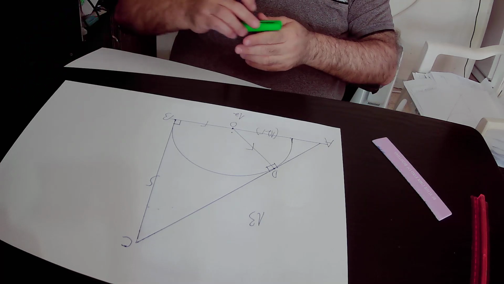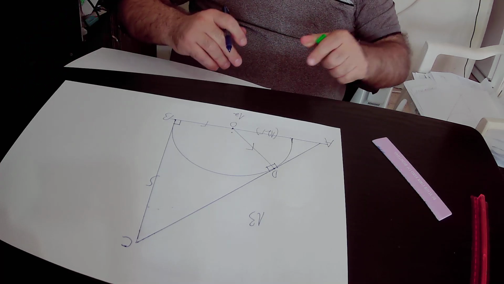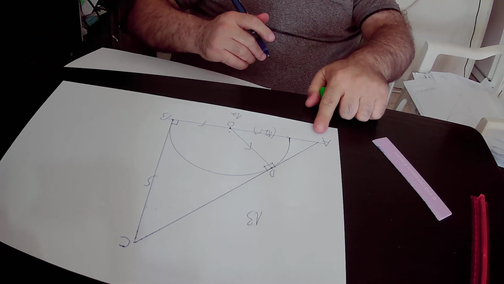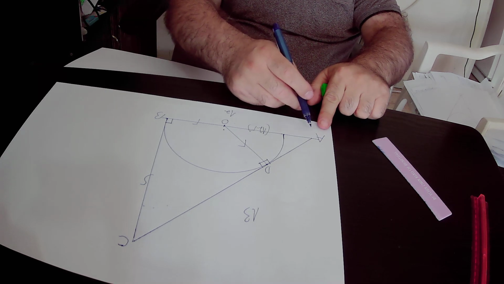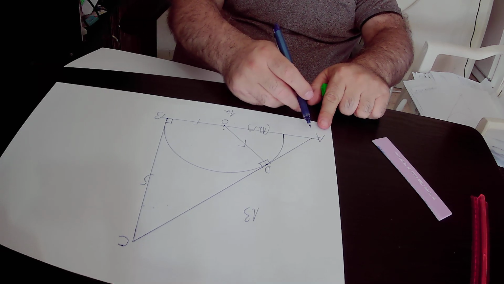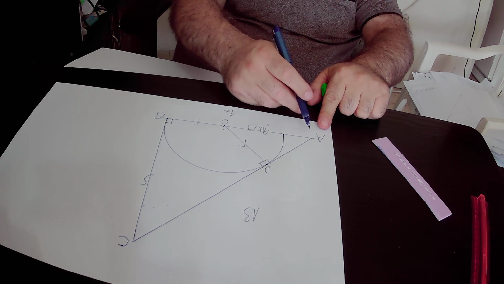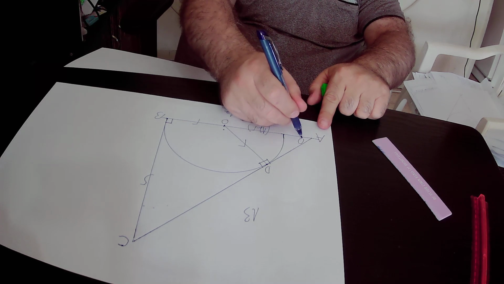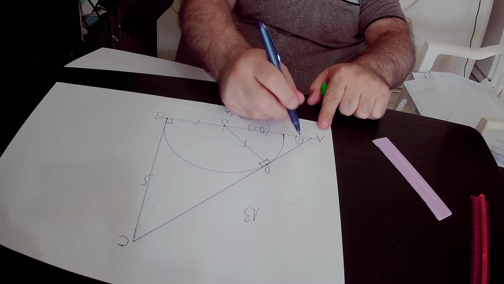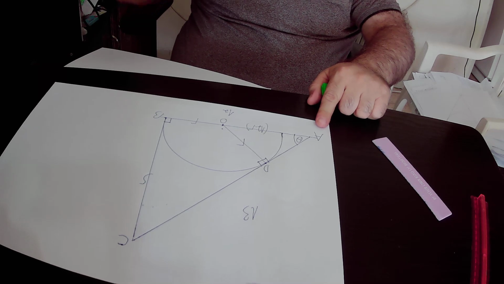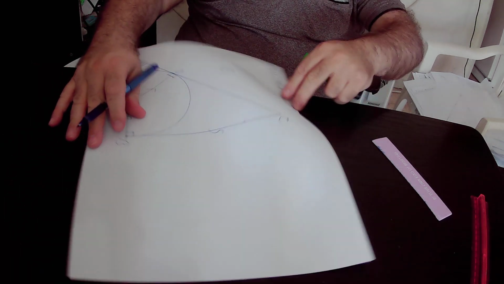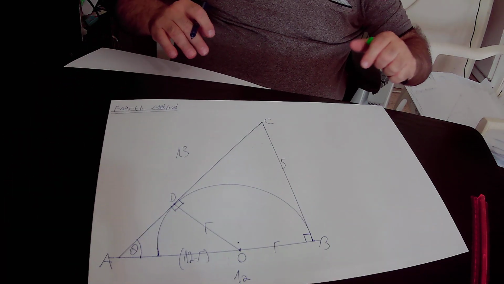So we will define this angle near vertex A as theta.